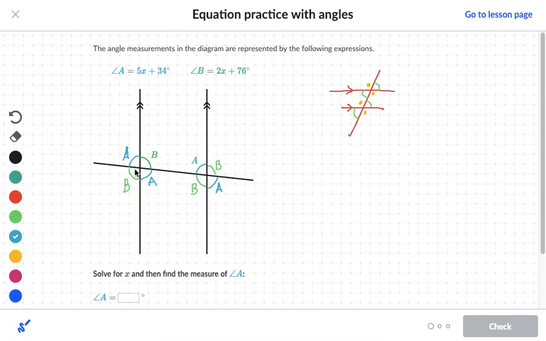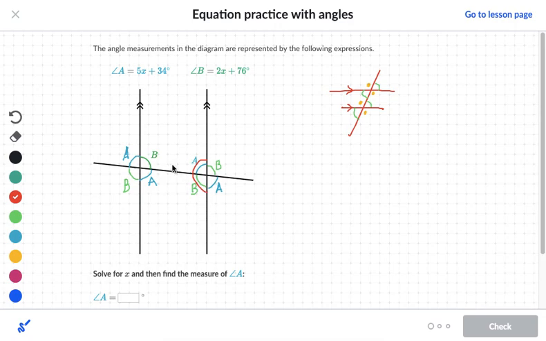A and B. Now here's the thing: we can see that A and B are different. They're not congruent to one another. But in any given set, it doesn't matter which one we look at. Let's take a look at this one here. A and B make an angle that is a straight line.